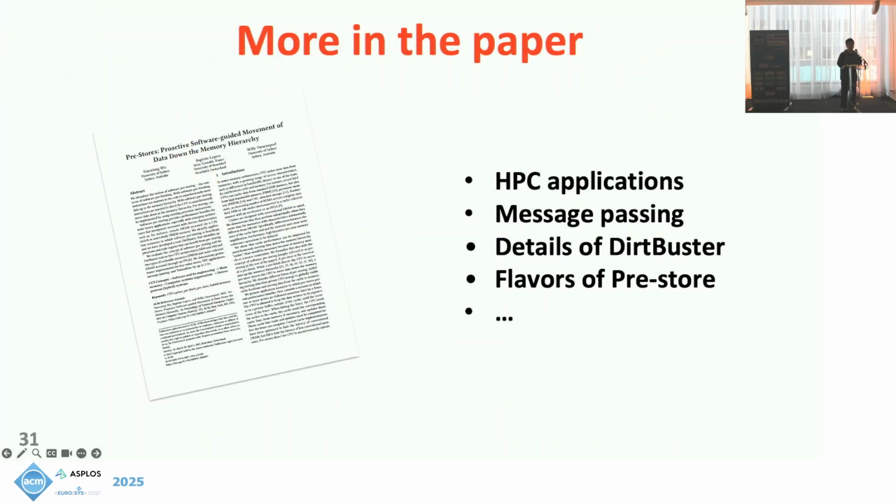Furthermore, we discuss some more attractive details in the paper, for example, high-performance computing applications, message passing interface, and other details of Dirtbuster, as well as different flavors of pre-store. We welcome everyone to read our paper.